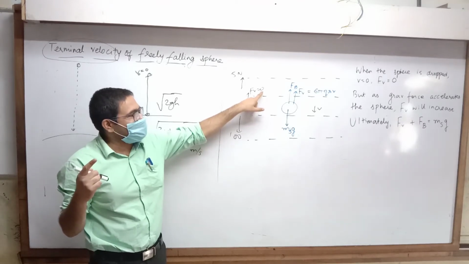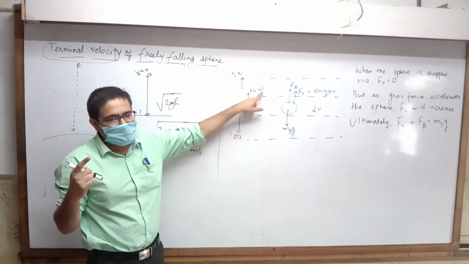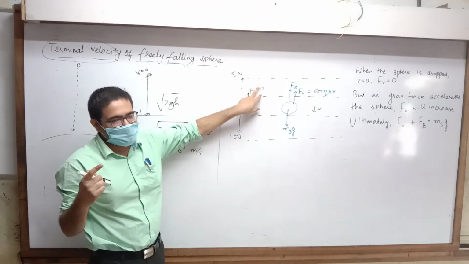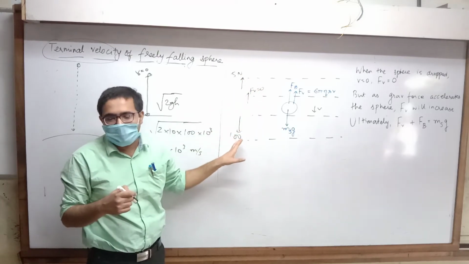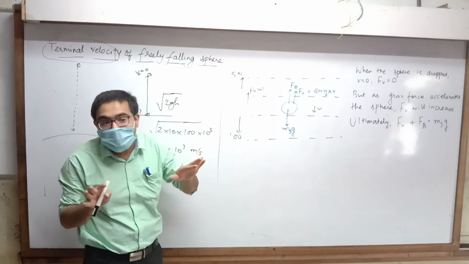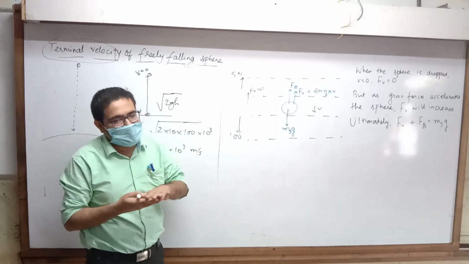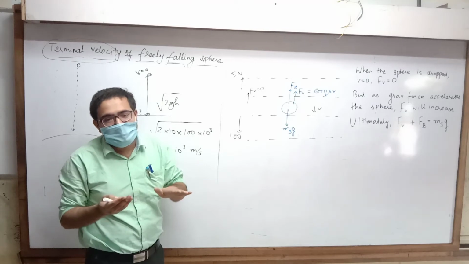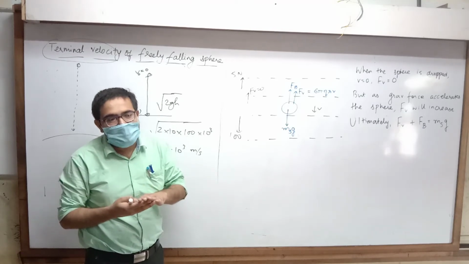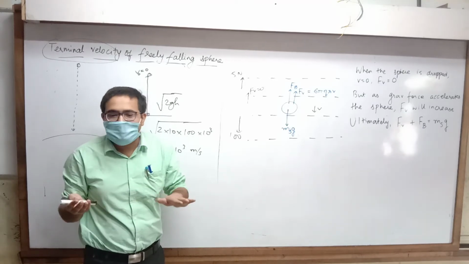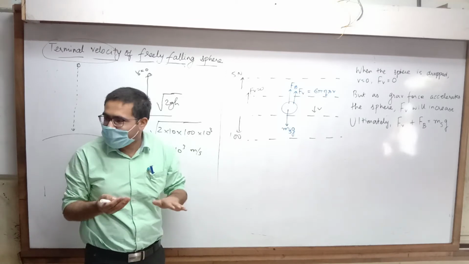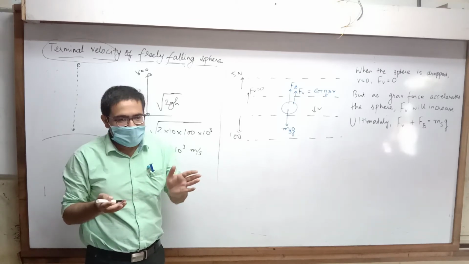What will happen at 95? 5 and 95 together will make 100. So total force is 0. That means acceleration is 0. That means the speed does not change anymore. Understood? Clear?